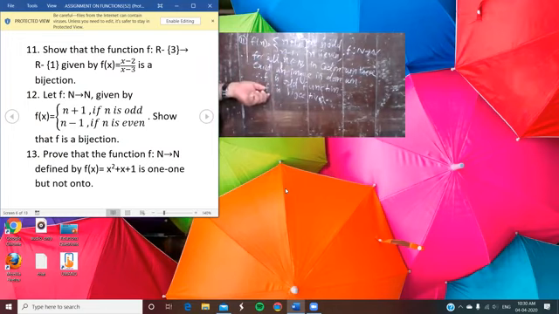So now question number 13. Prove that the function f: N to N defined by f(x) is equal to x square plus x plus 1 is one-one but not onto. Here you prove that it is one-one but not onto. Just check how you prove it.